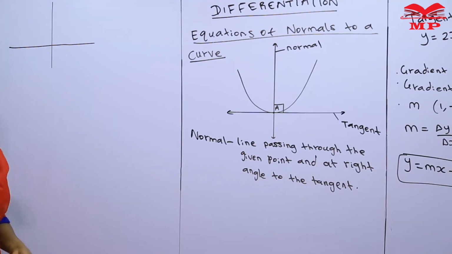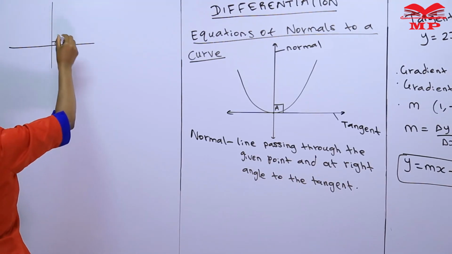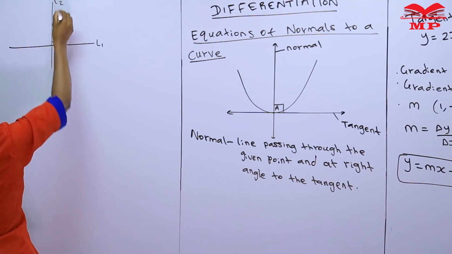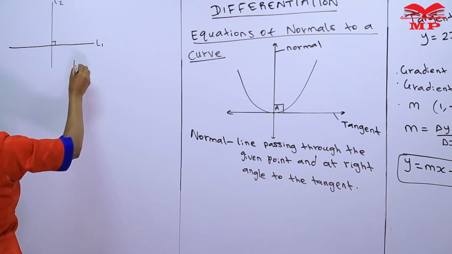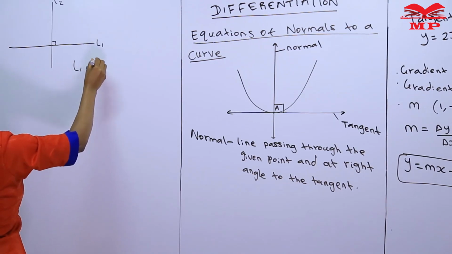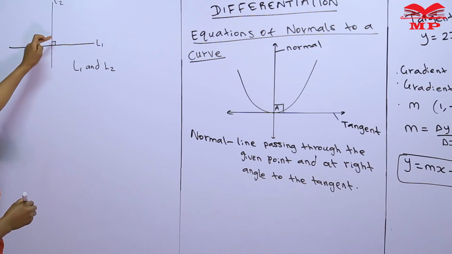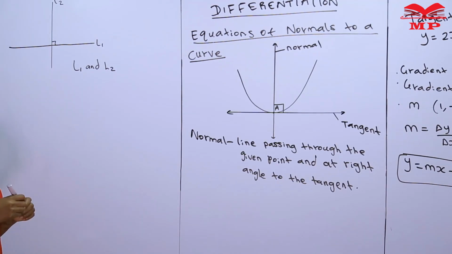So here we have two lines. We can call this line 1 and this line 2. These two lines are perpendicular to each other, so they form an angle of 90 degrees.